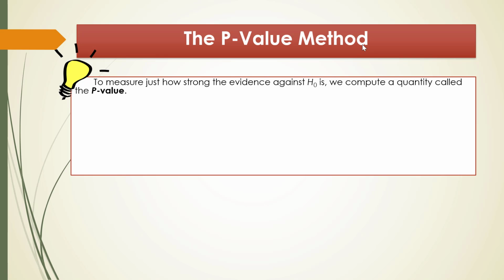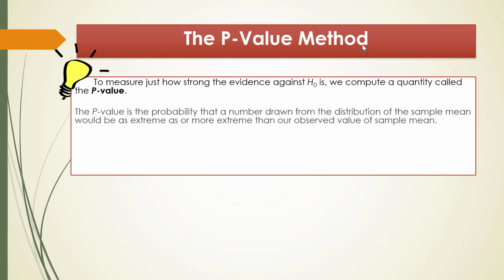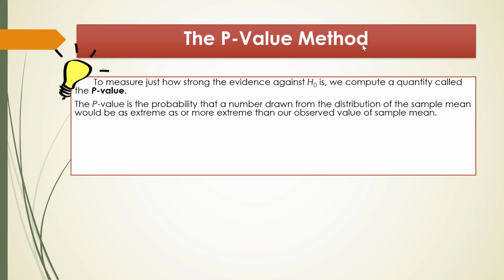We compute a quantity called the p-value. The p-value is the probability that a number drawn from the distribution of the sample mean would be as extreme as or more extreme than our observed value of the sample mean. The more extreme the value, the stronger the evidence against the null hypothesis.